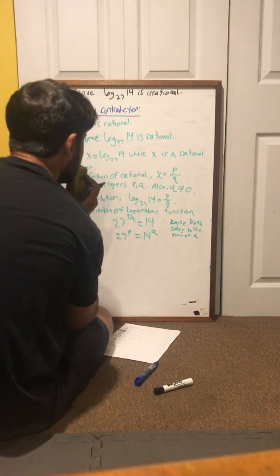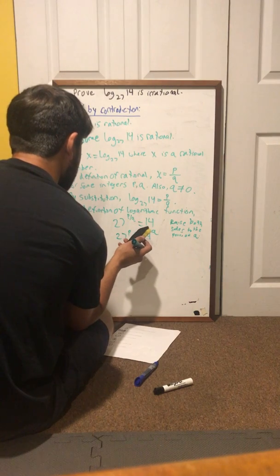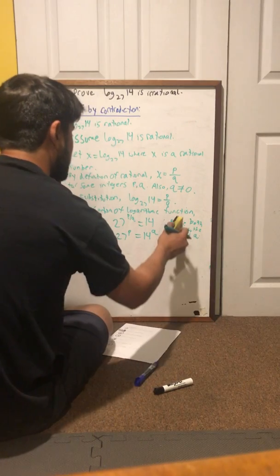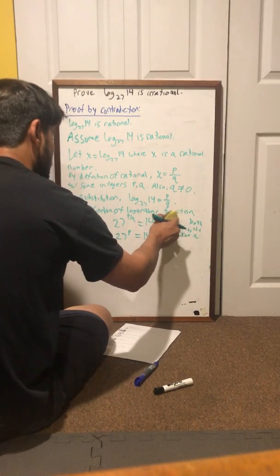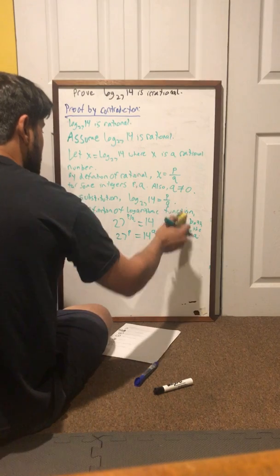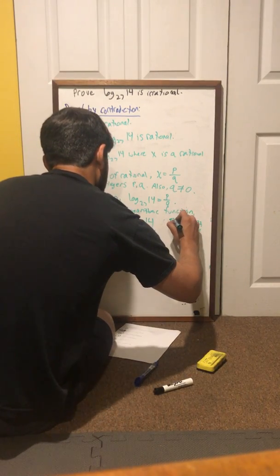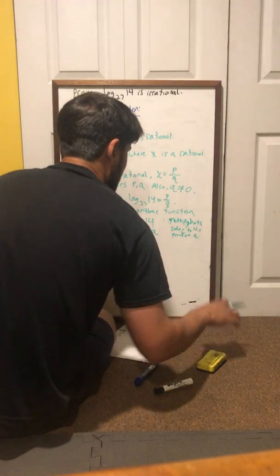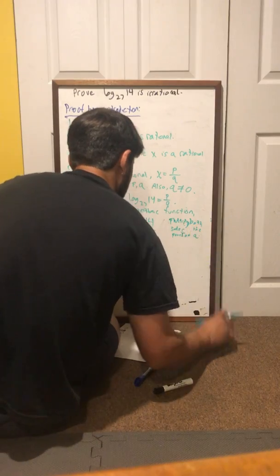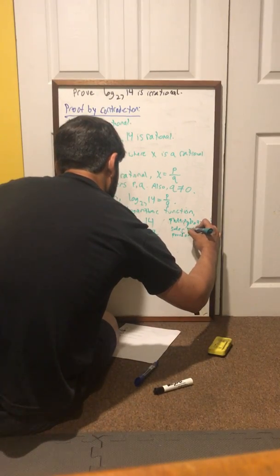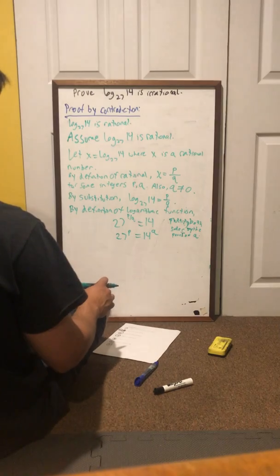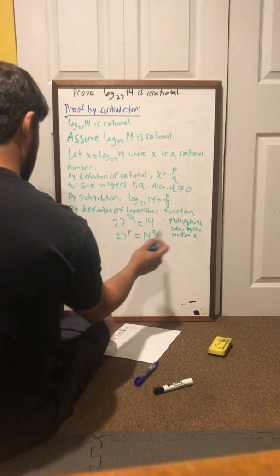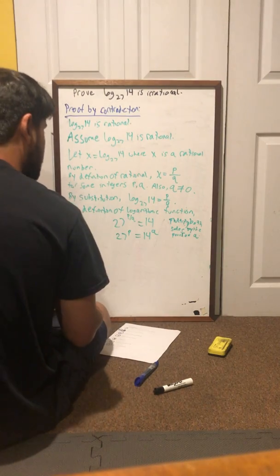Multiply both sides by the power of q, and that's how we're able to get q out of the denominator there.